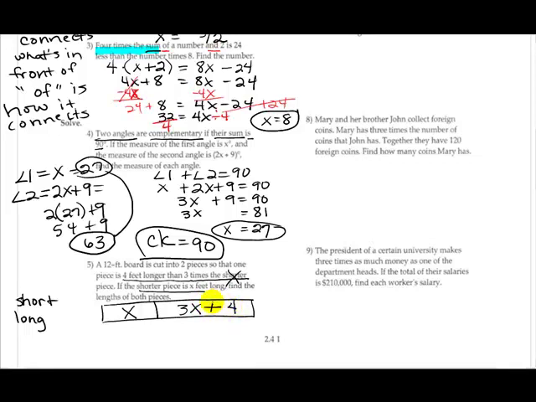So 4 feet longer or more than the 3 times the shorter, and the shorter is x. Now if I take all that, it's going to equal 12. That's how long. I really have my equation because I could take and make that into a plus. So x plus 3x plus 4 equals 12.